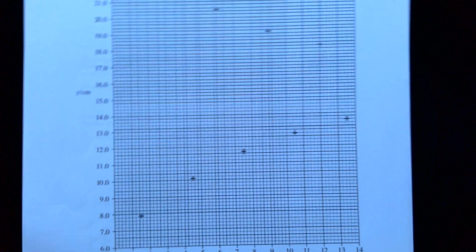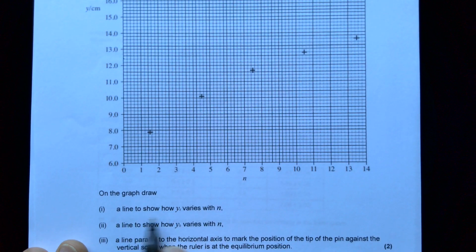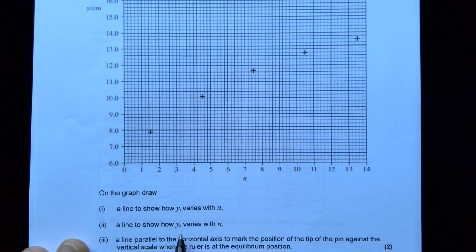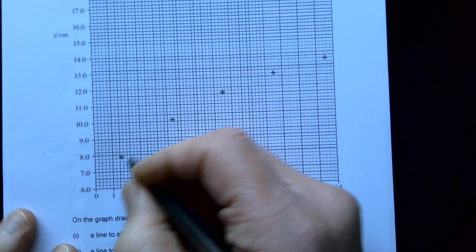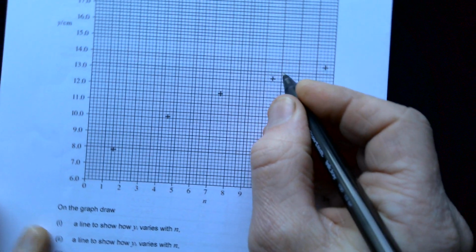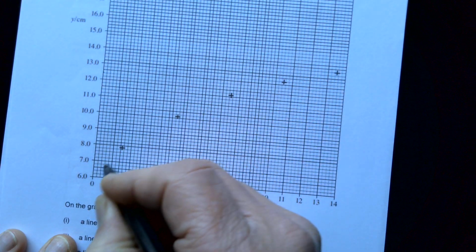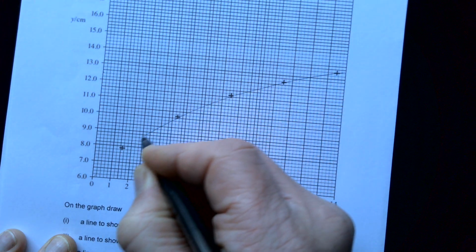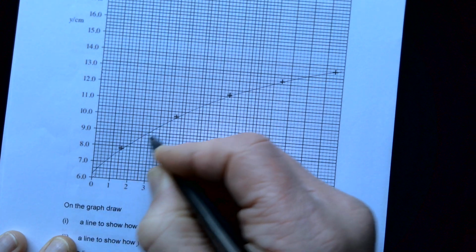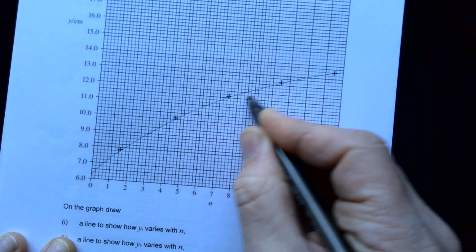You do it in the order the question's given. Okay, so draw a line showing how the top one varies with n and how the bottom one. As it's upside down, I'll do the bottom one first. So again, a little clue for you. When you're drawing curves, if you have to draw curves, just run it over a few times. If you've got a pencil, which I haven't, then you let it run through, do a faint mark, and then you join the best you can over your faint mark and get rid of the faint mark.